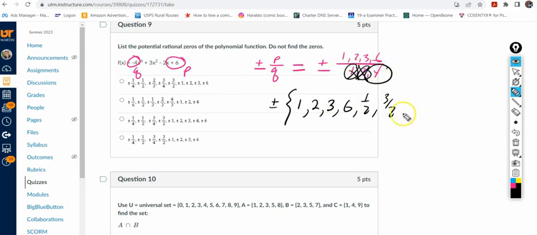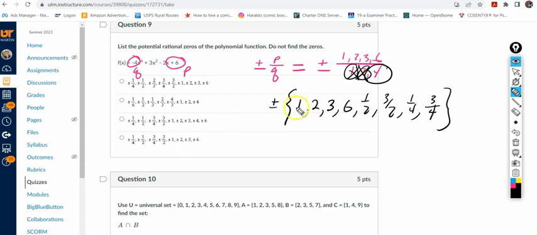And finally 1 over 4, 2 over 4, which reduces to 1/2, and 3 over 4. And then 6 over 4, which reduces to 3 over 2, which is already in my list.